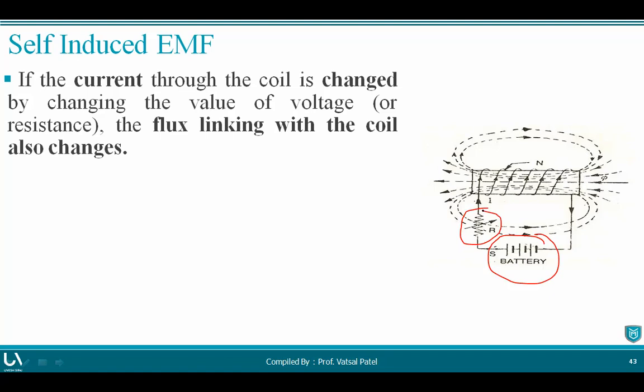When we supply the current into this coil, it will produce the flux, right? And that flux is linked with the number of turns of the same coil, so that is what we call the self-induced EMF. It is also mentioned here that if the current through the coil is changed, either by the battery or by the resistance, the flux linking with the coil also changes, because the flux depends upon how much current you have supplied from the source.